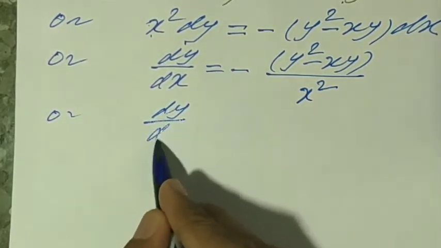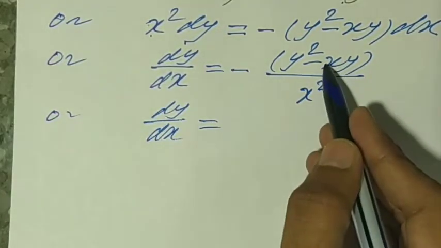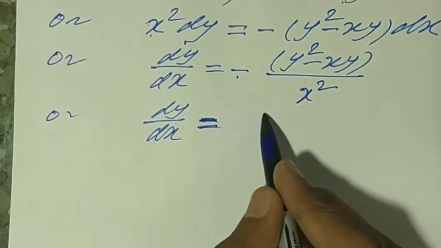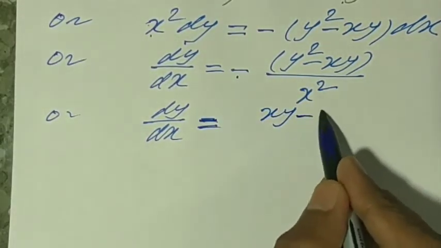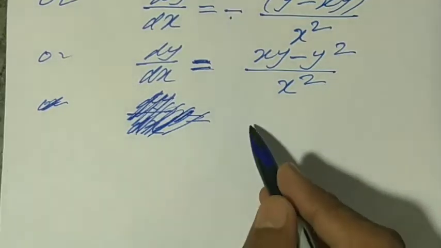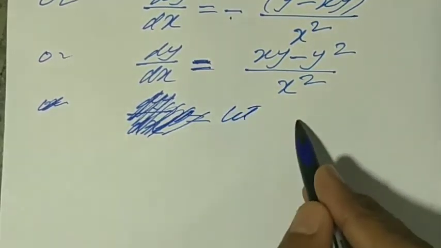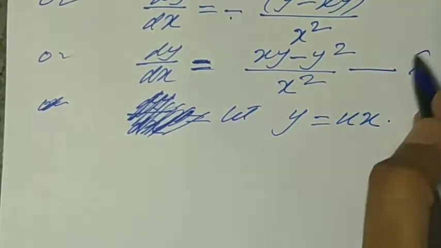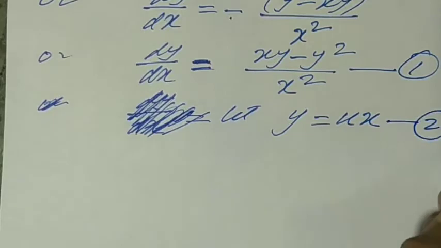Or we may also write it as, after taking minus common out of these two terms, xy minus y square upon x square. Now the next step is we let y is equal to ux. So let it be equation number 1 and this equation 2.